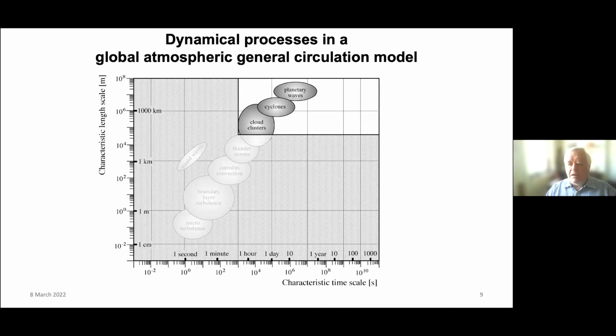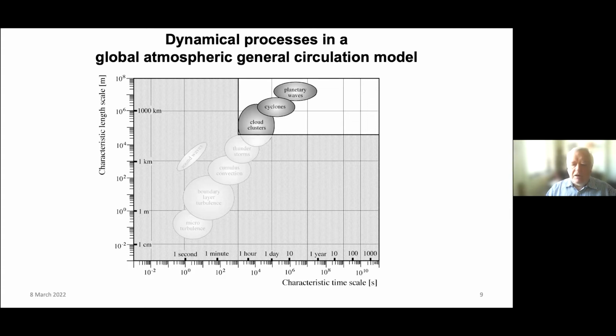Now, how is it in models, what do we include? Here we have the typical time-length scale diagram showing what type of processes we have in the atmospheric system, from planetary waves to microturbulence.